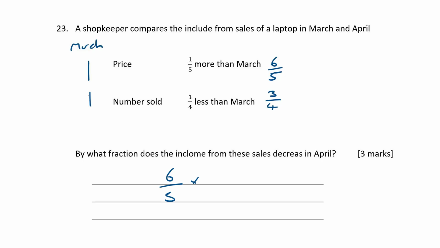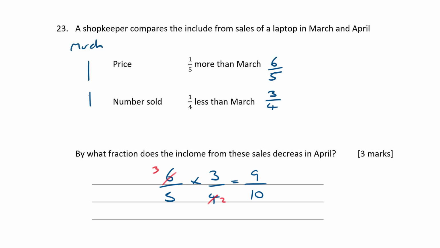6/5 times 3/4. Let's first divide that by 2 and that by 2 to make the maths a little bit easier. So 3 3s are 9 and 5 2s are tenths. So we've got 9 tenths.